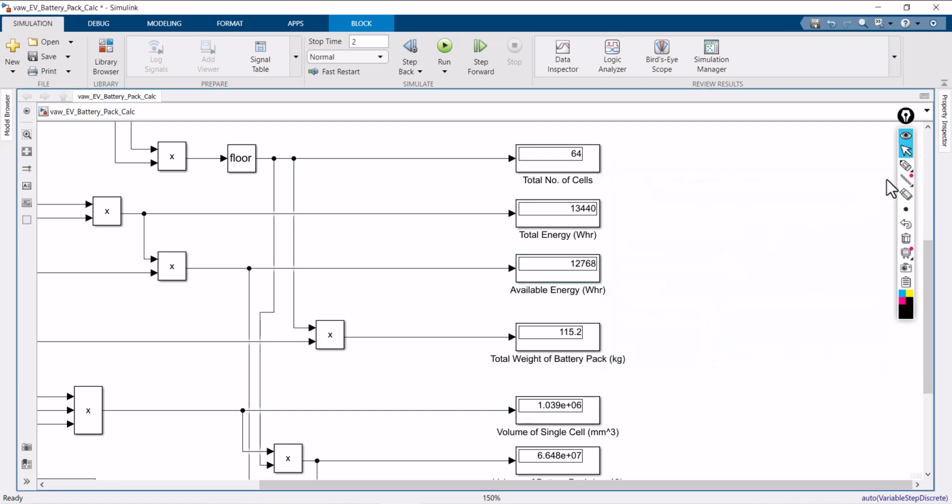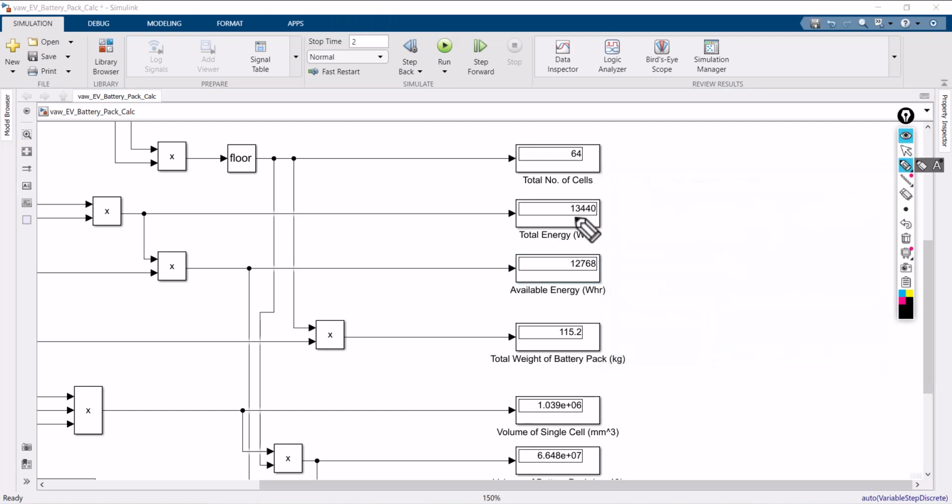If you look at this, the total energy is 13,440 watt hour. But what is the available usable energy you are having? Only 12,768 watt hour. And the total weight of the battery pack for this four-wheeler is coming around 115 kilogram.